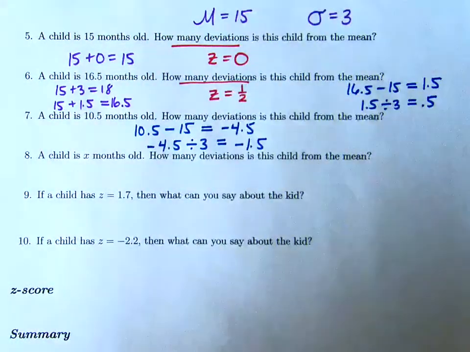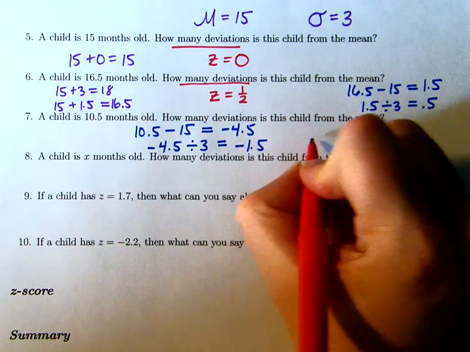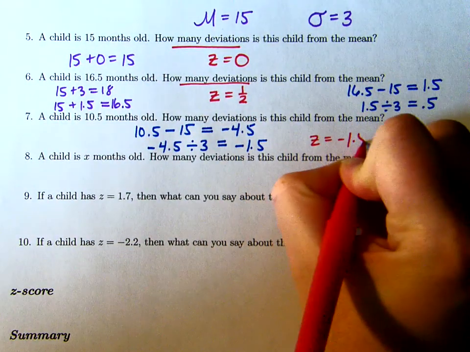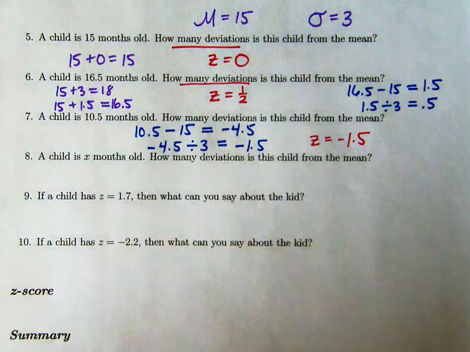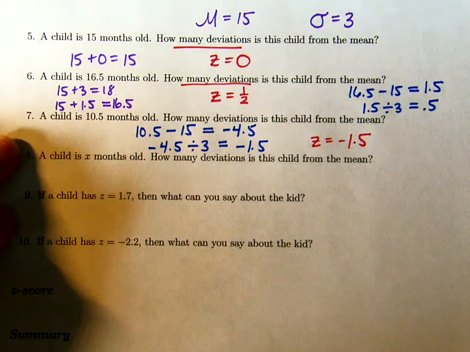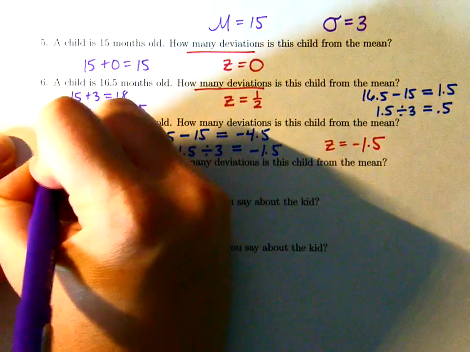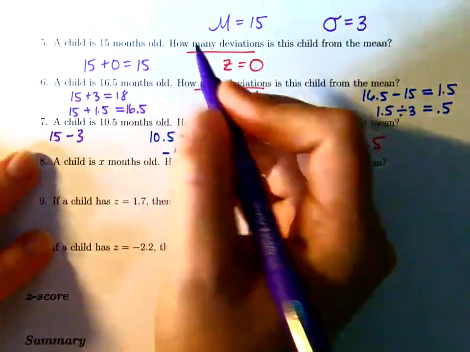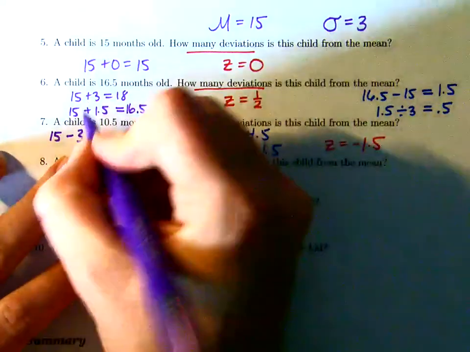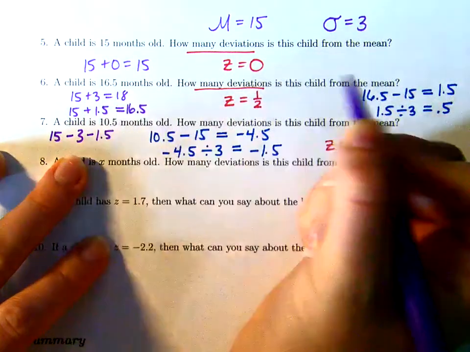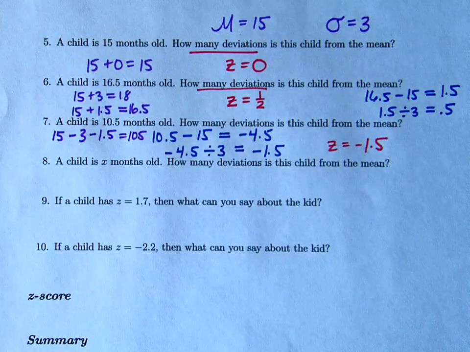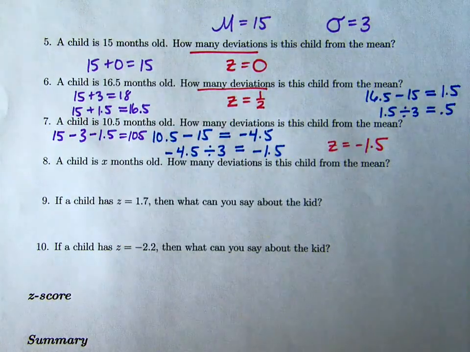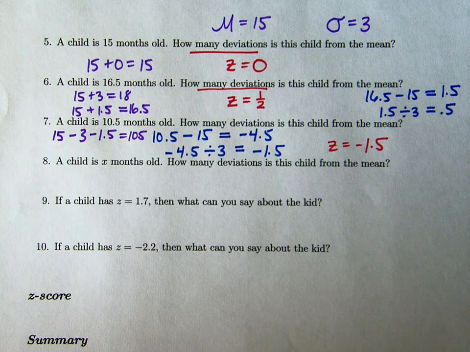So here, Z, how many deviations? 1.5 sets of 3 below. So when I'm thinking about it in terms of my logic, 15 take away 3 makes 12. 12 take away another 1.5 makes 10.5. So 1.5 of a standard deviation.